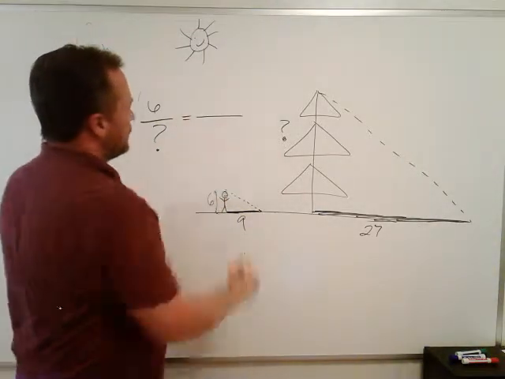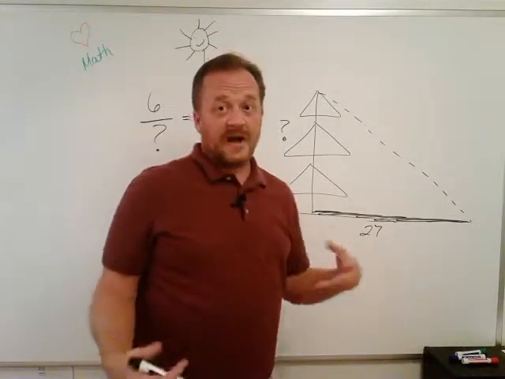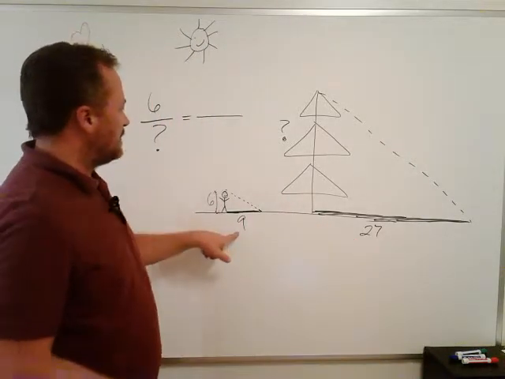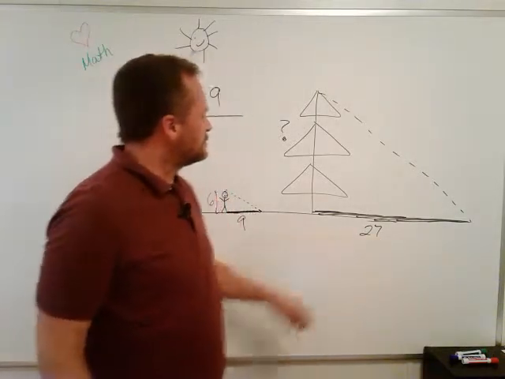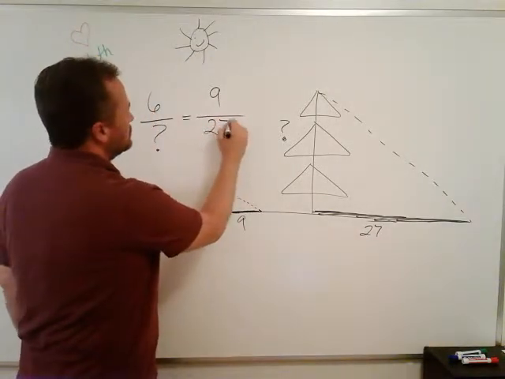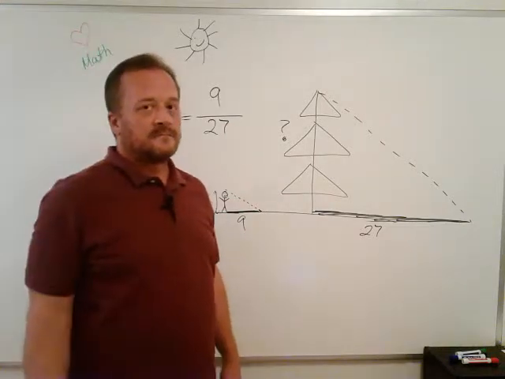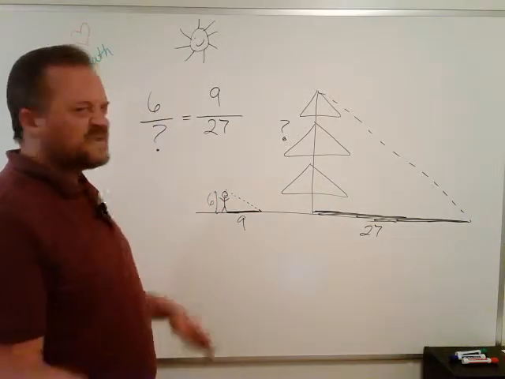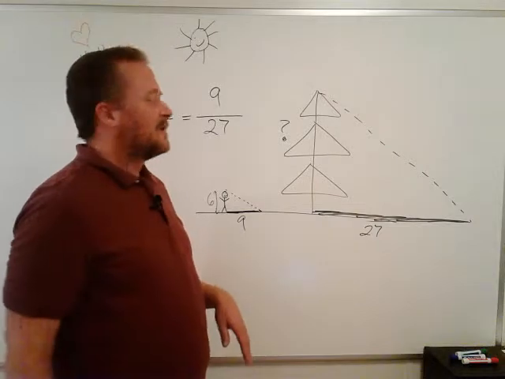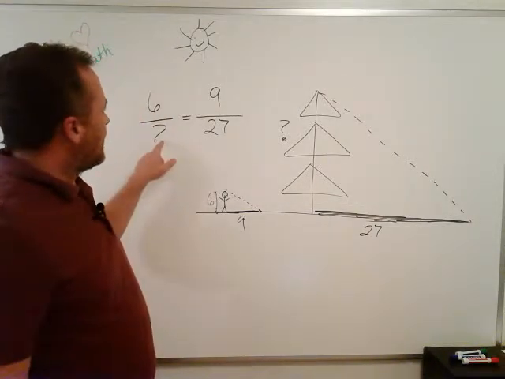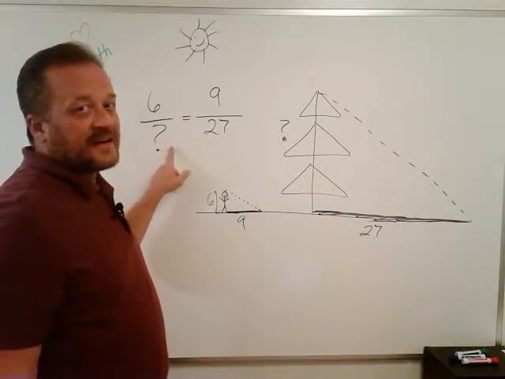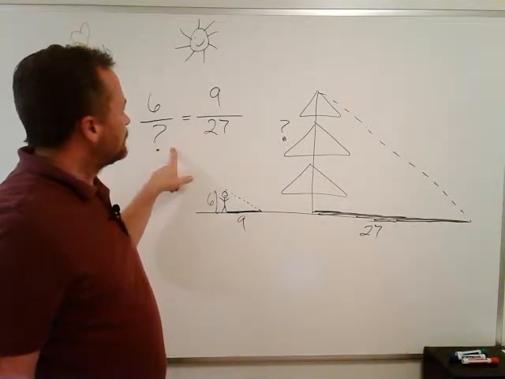So the second ratio will be corresponding shadows. Here's me. Here's the tree. Okay? Just like we've been doing all this time. But this time it's pictures. Okay, so now my job is to find out how tall this tree is. I need to find this missing value right here. Okay?